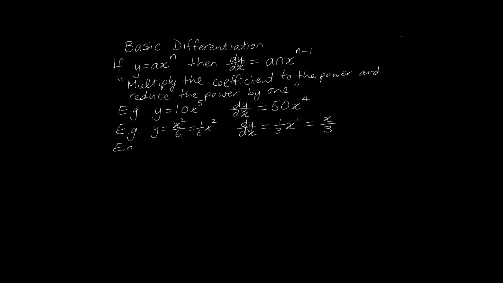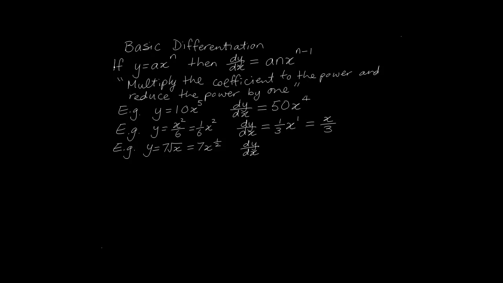Now sometimes we can incorporate our index rules as well. So suppose I've got y equals 7 times the square root of x. Now I can think of this as 7 times x to the power of a half. So before I differentiate it, or find the gradient function, what I've done is rewrite that term such that x looks like x to the power of a half. It just helps us isolate that power then.